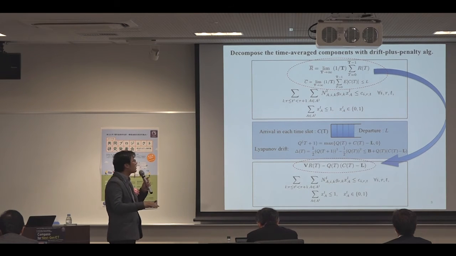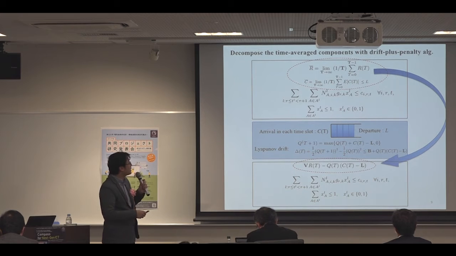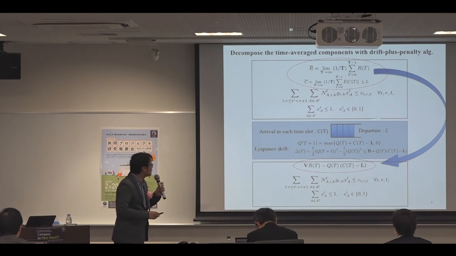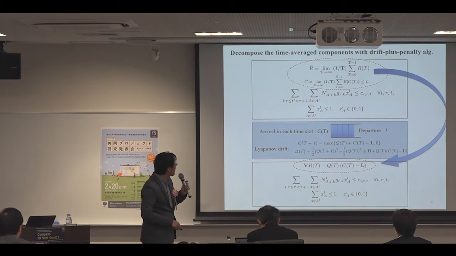We want to keep the long-term transportation cost below L. So now we have a virtual queue like this.